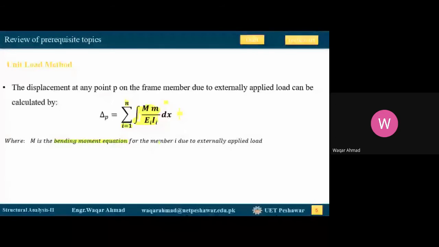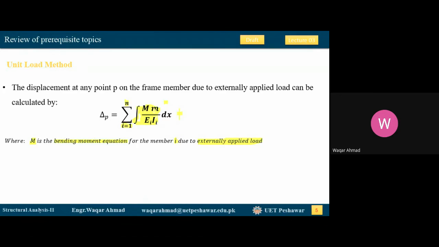And this bending moment equation should be due to the externally applied load. When you apply the given external load on the member and write the bending moment equation for that, that equation will be denoted by the capital M. And you need to put that equation in this equation.